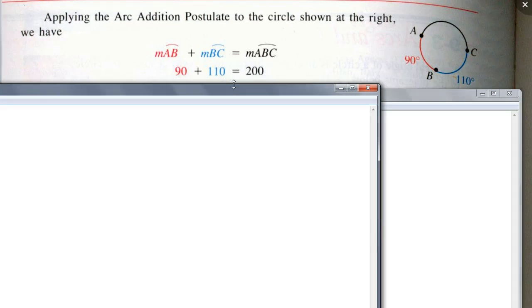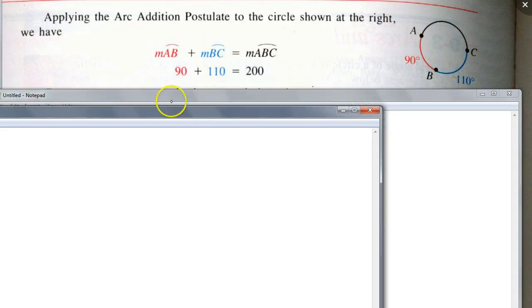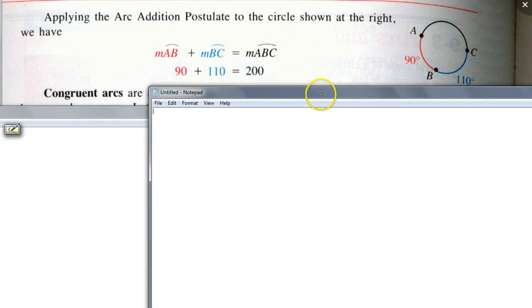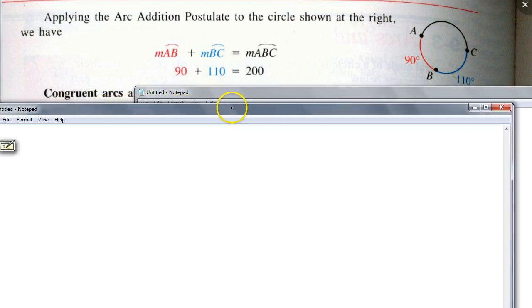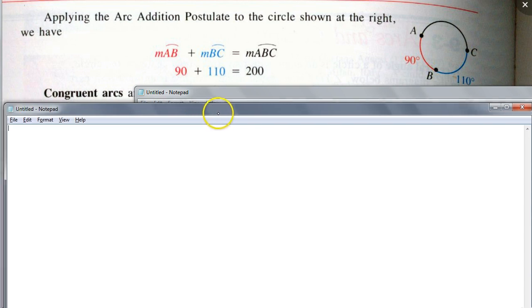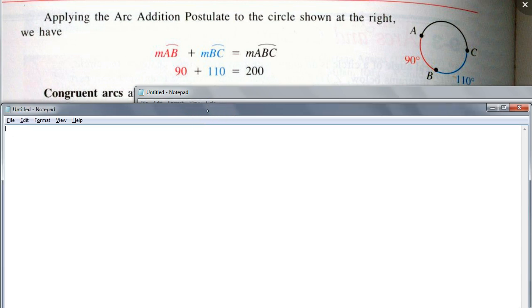All right. Another term that you should be familiar with, and again, these are very similar to what we had before. Congruent arcs. What do you guys think congruent arcs are then? How about Josephine? Any guess as to what congruent arcs are? The same angle measure? You mean arc measure?